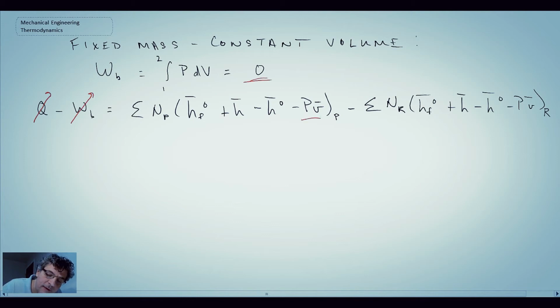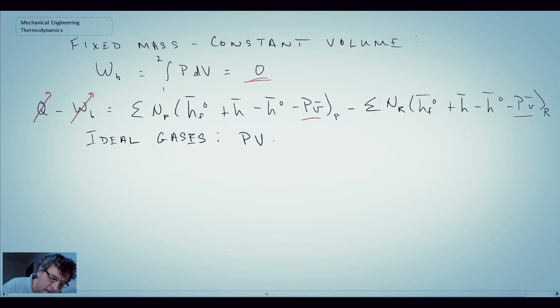Now we have this PV term here, which isn't the easiest to deal with, and we'd like another way to deal with it because it's hard to measure specific volume on a per kilomole basis. It's easy to measure pressure, but not specific volume per kilomole. So we're going to use the ideal gas equation to clean up that formulation.